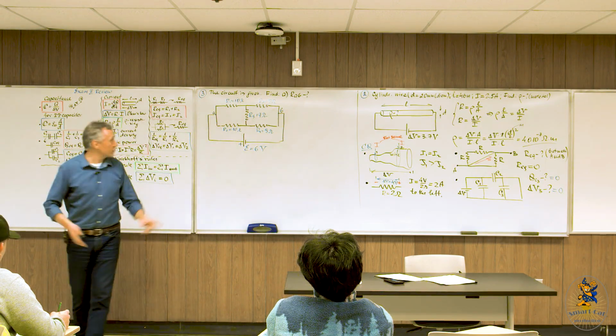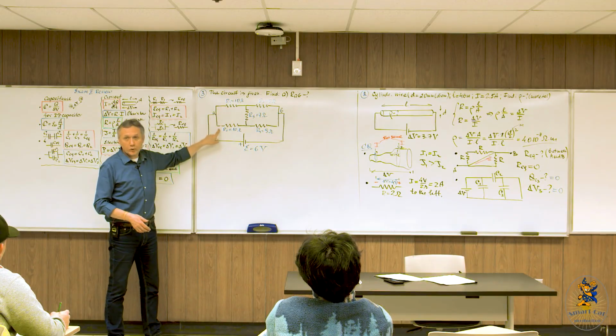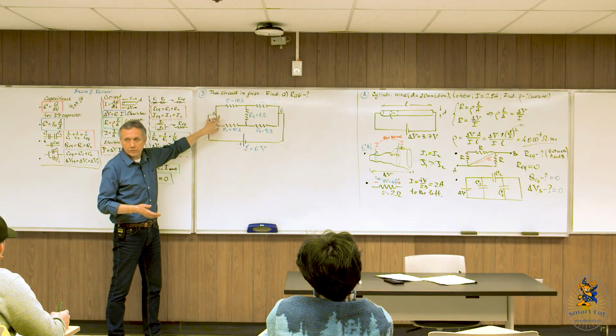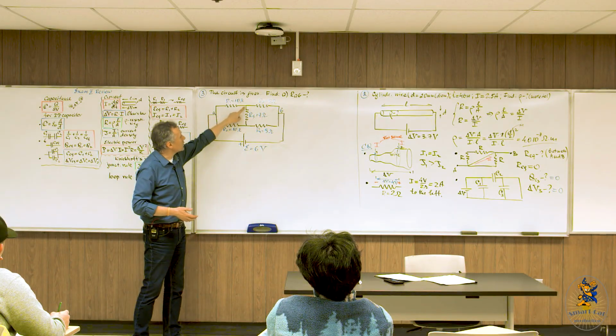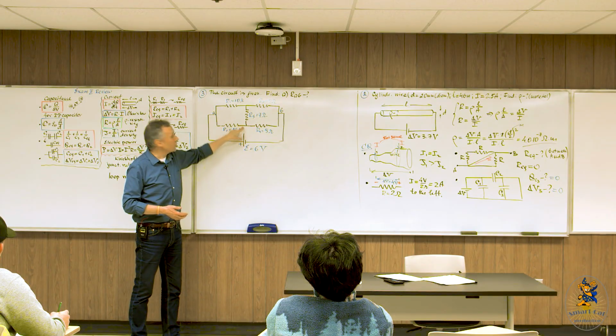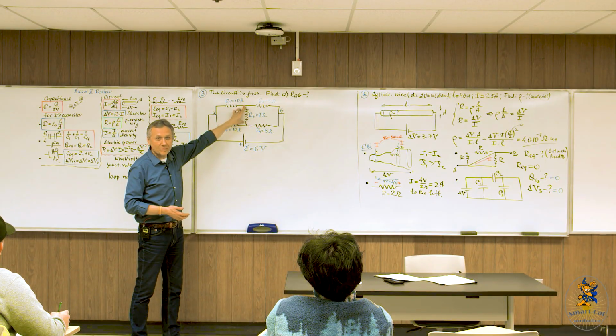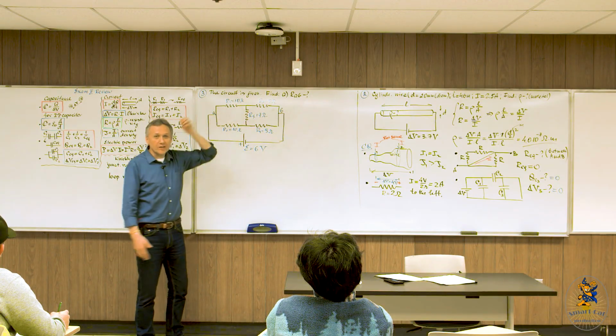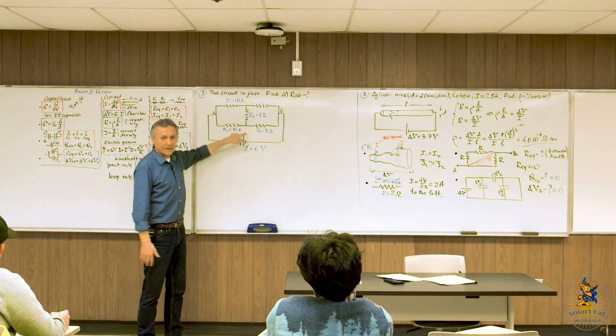So these points are all at the same electric potential, let's say 10 volts. But what about the point on the right of this resistor and this resistor? Between them there is this resistor, right? So strictly speaking, this resistor can create a potential difference between this point and that point.